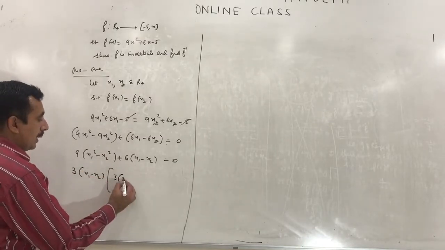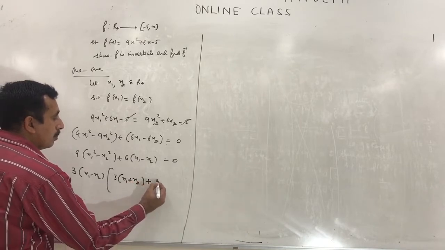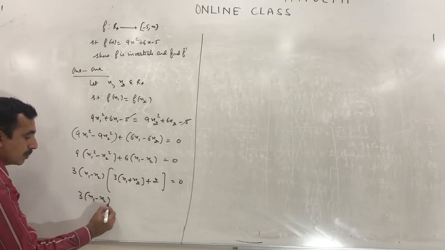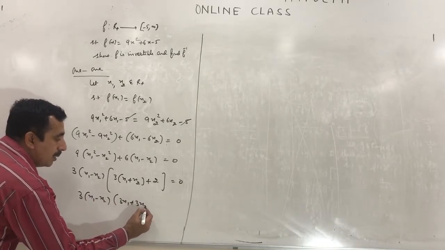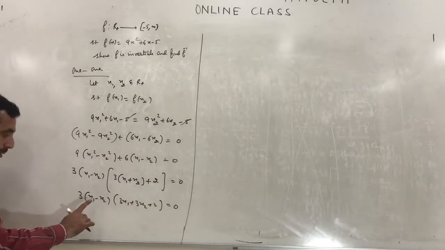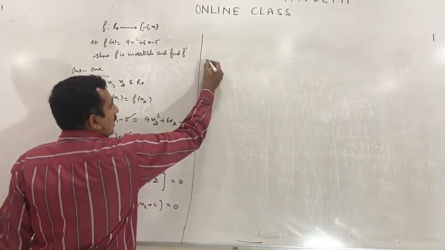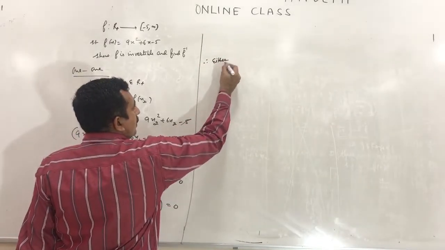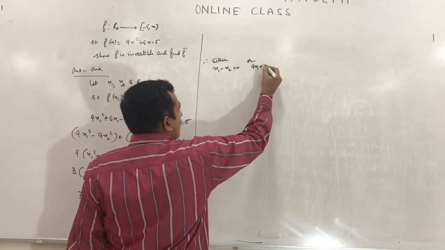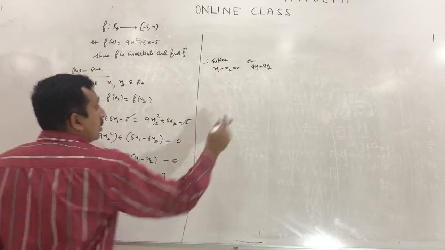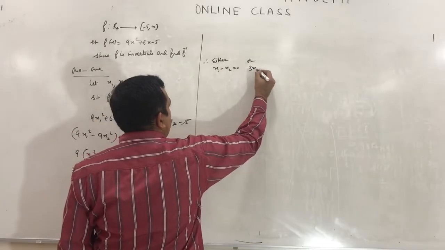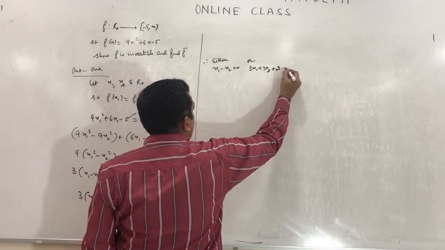So remaining is 3 times (x1 + x2) plus 2. Next line: (x1 - x2)(3x1 + 3x2 + 2), these two multiplied equal to 0. Therefore either x1 - x2 = 0 or 3x1 + 3x2 + 2 = 0.